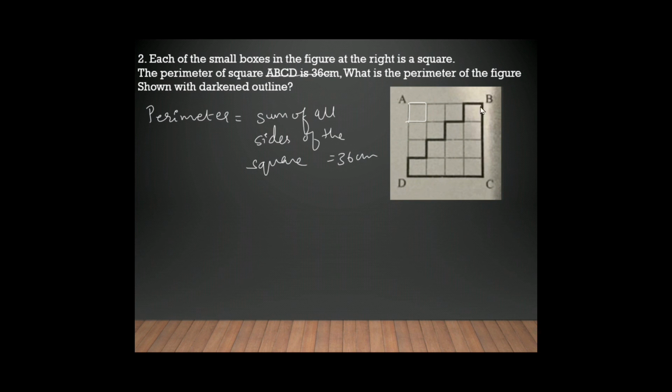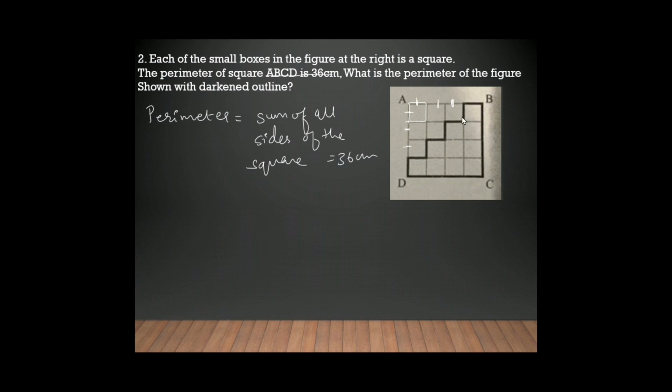Now if you focus on this darkened outline, from the square, how many boxes have they missed to form this darkened outline? If you focus here, this one side, second, third, fourth, fifth and sixth, all together 6 small sides have been missed to form the darkened outline.